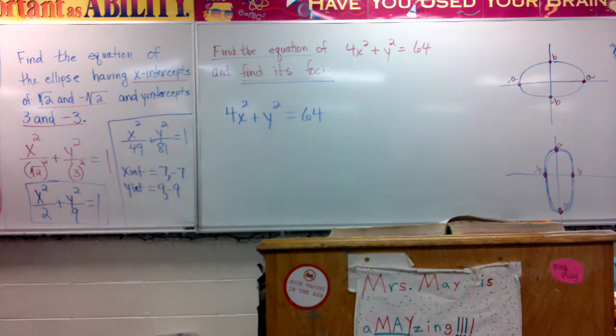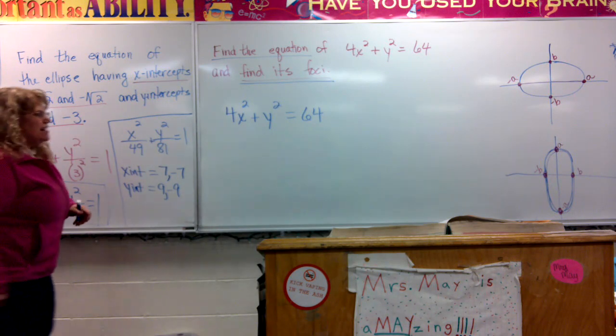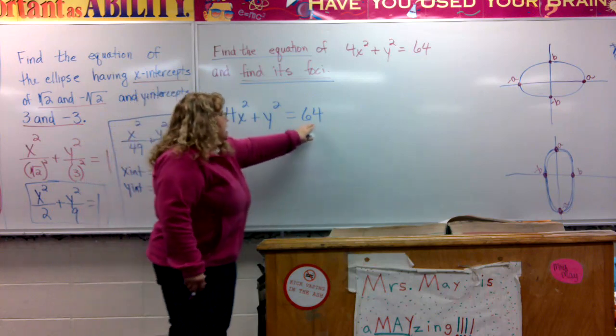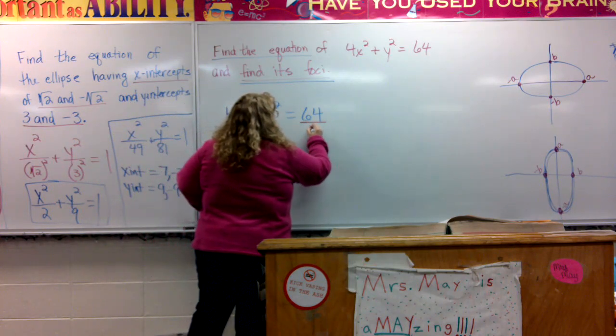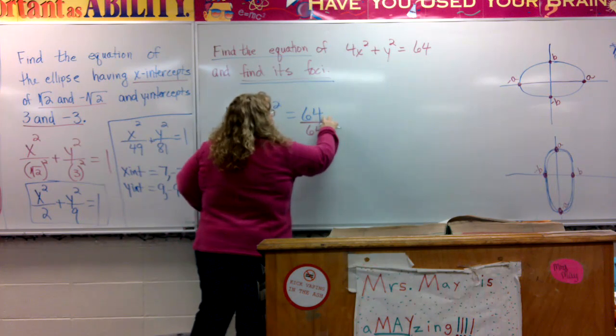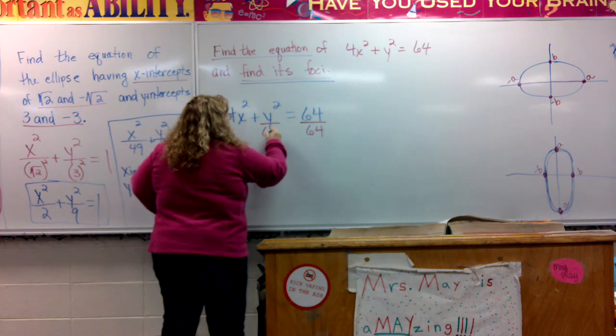No matter what, look over here. What does it have to equal? 1. What does the equation for any ellipse always have to equal? 1. So that's where I would start. If it doesn't equal 1, then make it equal to 1 by dividing by whatever is over there.